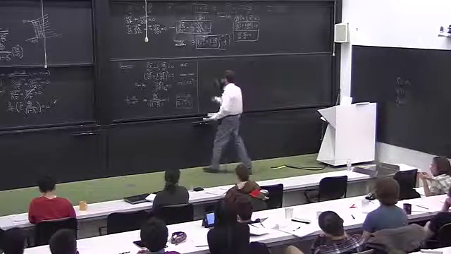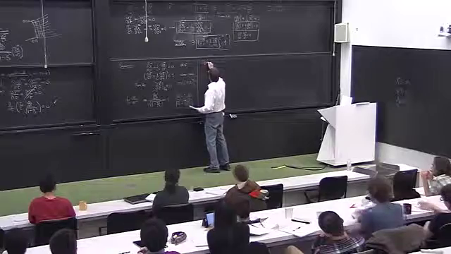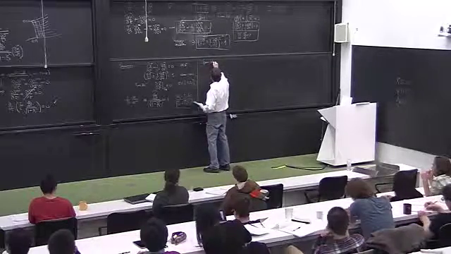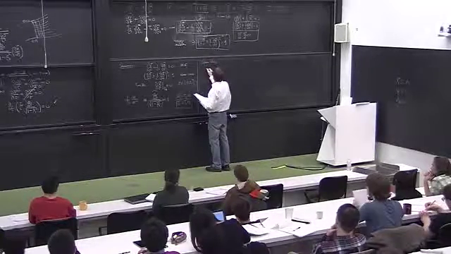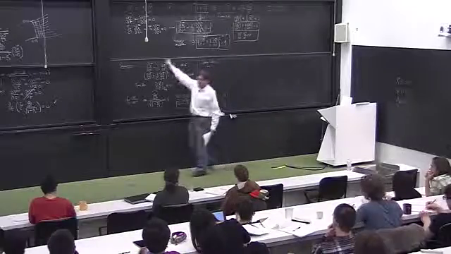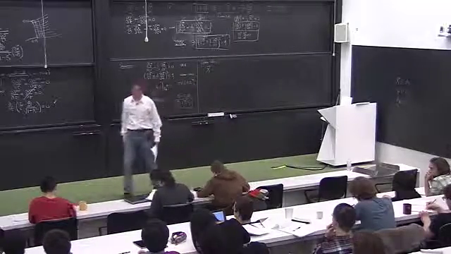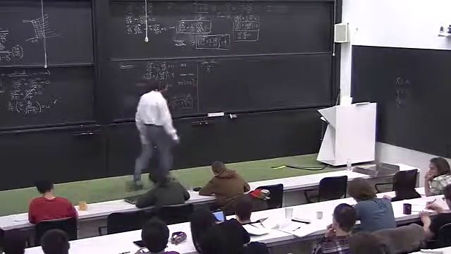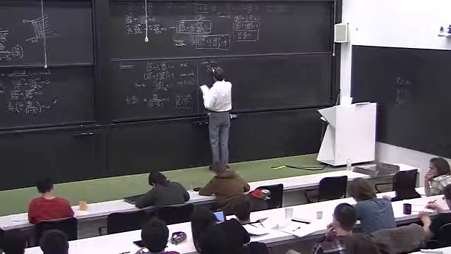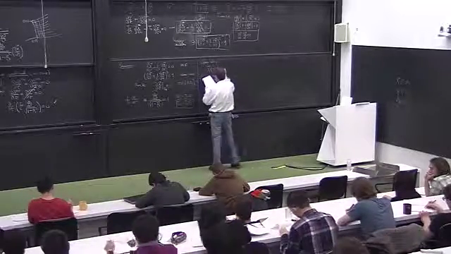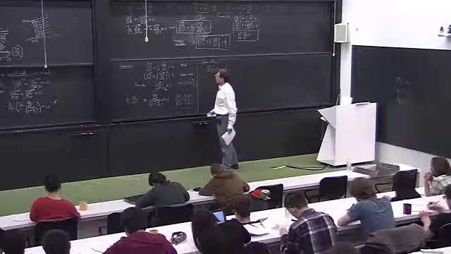Okay, motion of an open string, free open string. How do you begin? Well, you solve the wave equation. The wave equation is not hard to solve, so let's solve it. X of tau and sigma is equal to... you know how you solve the wave equation.